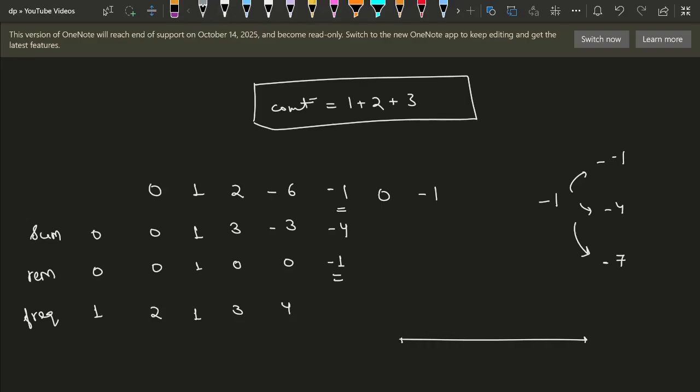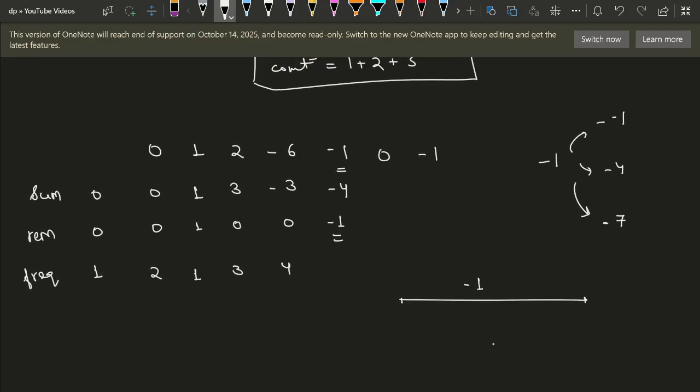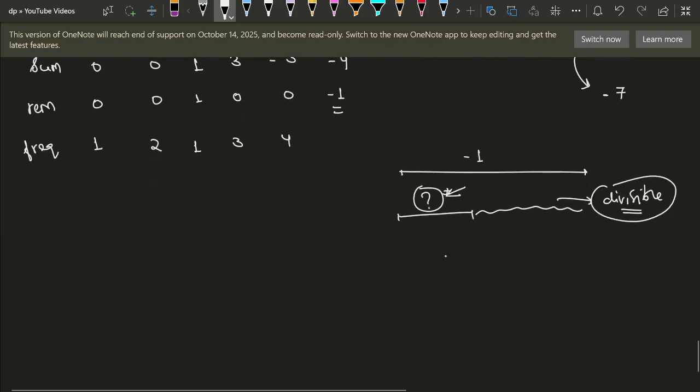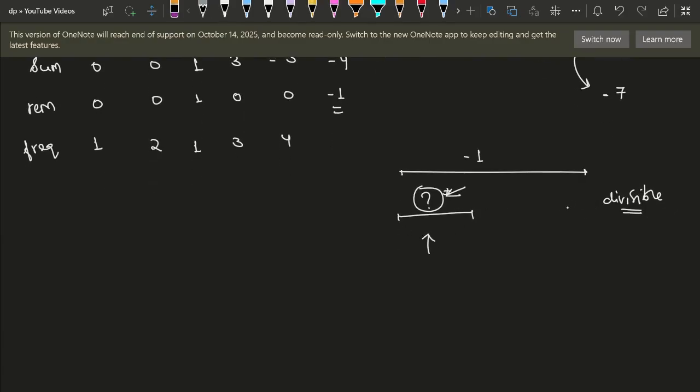For, let's say this is the position that we want to look at, but we don't know what remainder position we should look at in order to make this array divisible by 3. So let's try and make this divisible by 3 first, and then look at what the remainder of this sum is.